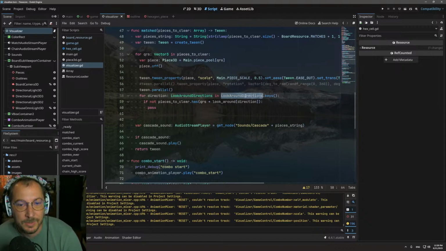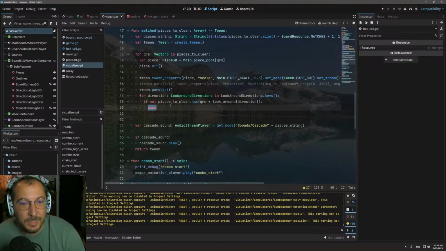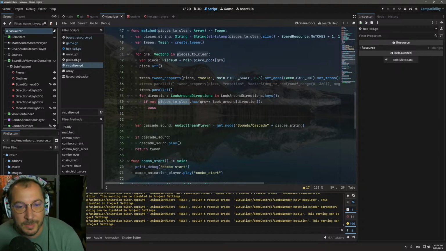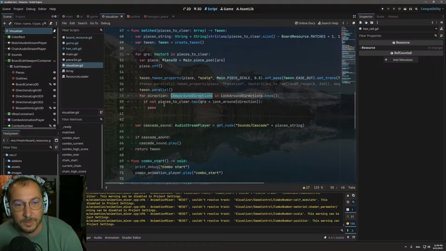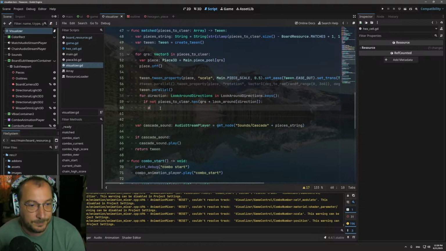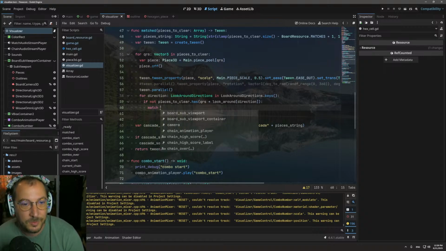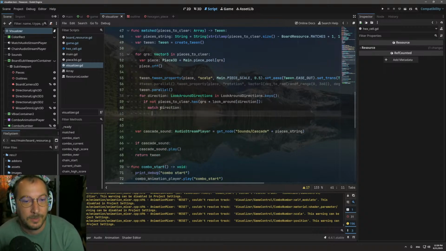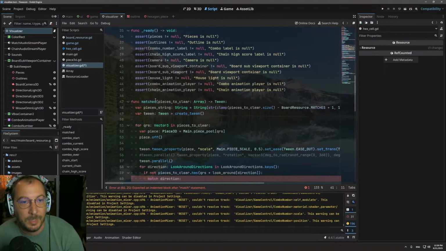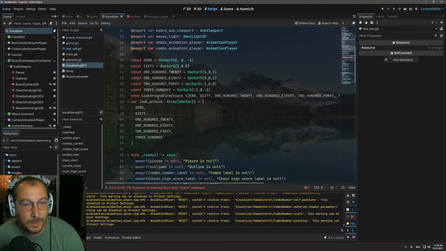So we look around directions. We have keys, pieces to clear. So if there is no piece for this thing that we're looking at, which is a look around direction, we now do a match statement. Okay? So match direction. Now we're going to look at the direction. And for each direction, so we have these look around directions here. Okay?